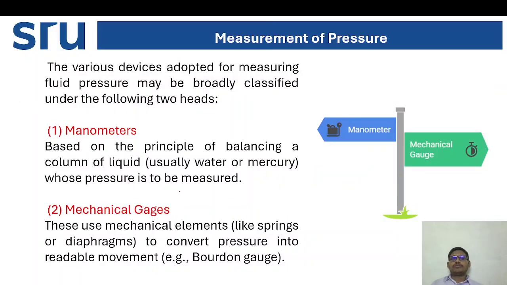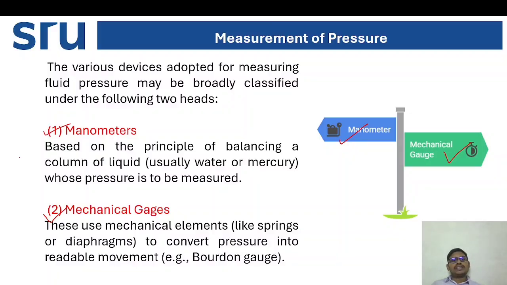Now, how is the measurement of pressure done? There are two methods: one is manometric, one is mechanical gauge. Before going into it, we should have some basic definitions. The various devices adopted for measuring fluid pressure may be broadly classified under two heads: manometers and mechanical gauges. Manometers are based on the principle of balancing a column of liquid, usually water or mercury, whose pressure is to be measured.